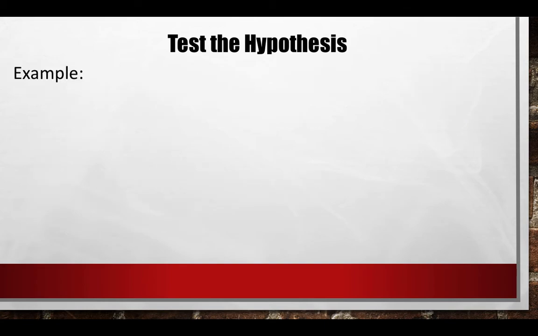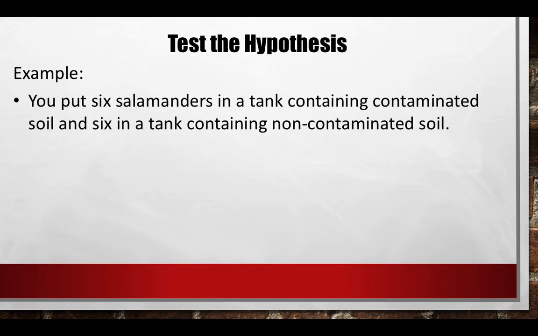So, I know that was a little bit confusing. We're going to look at an example here. Let's say we put 6 salamanders in a tank containing contaminated soil and 6 in a tank containing non-contaminated soil. I want you to stop for a second and think, what is the experimental variable in this particular experiment?